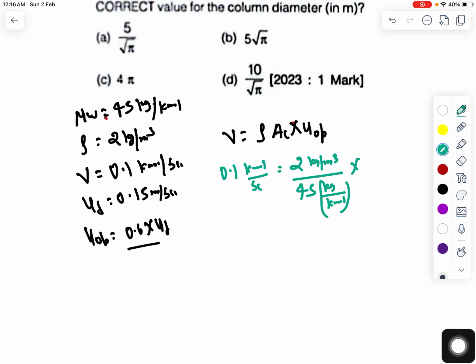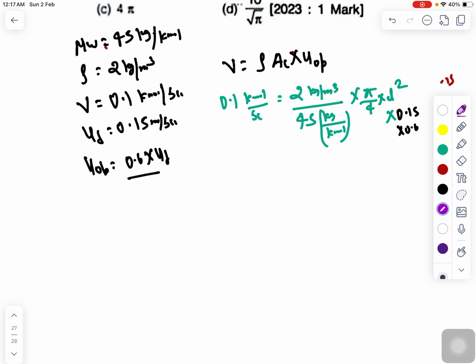You have to understand dimensional homogeneity also: the dimensions of LHS should equal the dimensions of RHS. The area of cross section is pi by 4 into diameter of the column squared, into the operating velocity, which equals 0.15 multiplied by 0.6. Is that clear? It's very simple now.